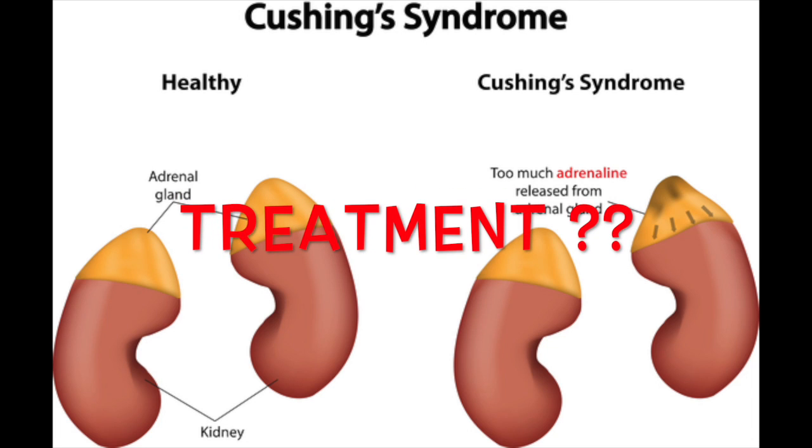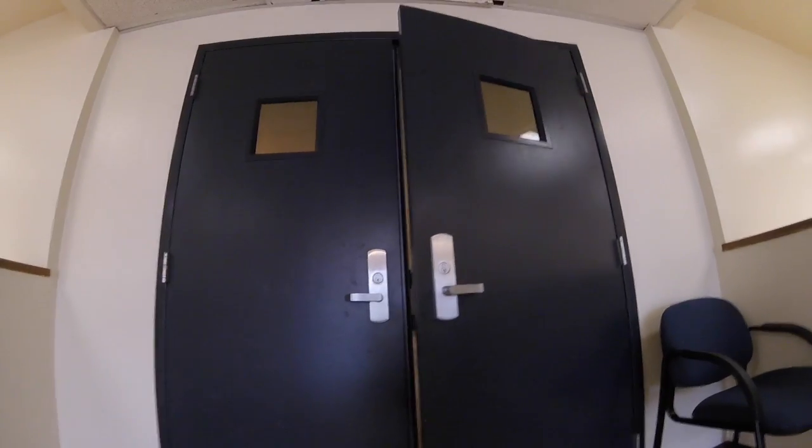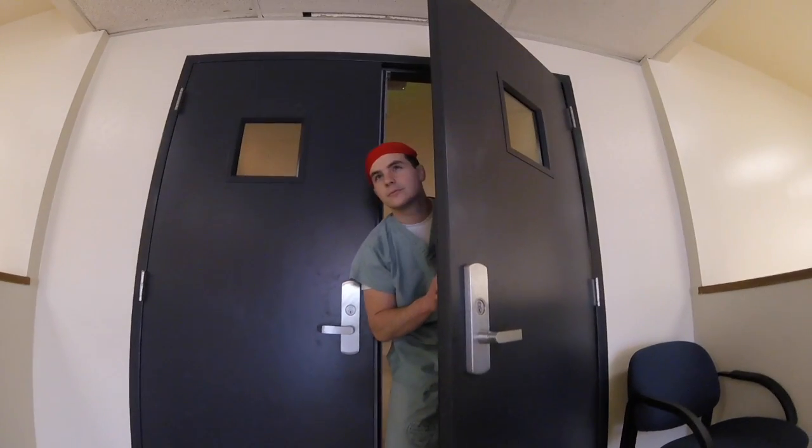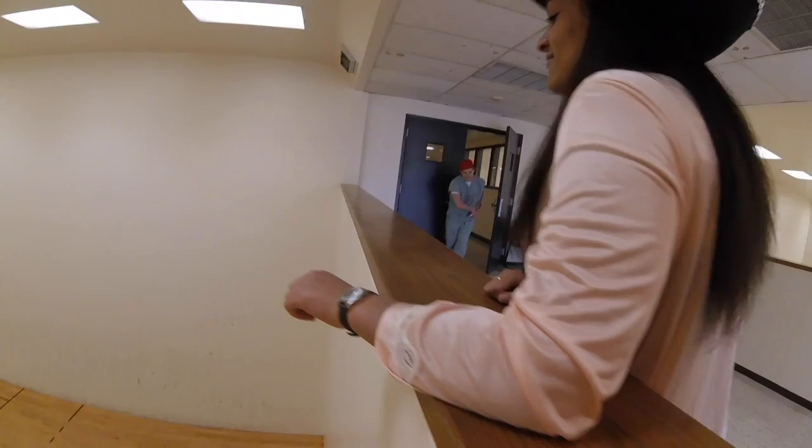Although the treatment for Cushing's syndrome is contingent upon causation, in this example we show the surgical eradication of the pituitary adenoma. This process can be completed both surgically or via radiation.